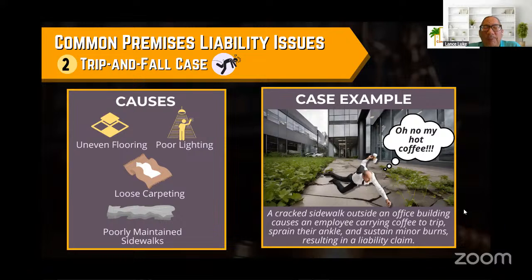Now, double jeopardy because the person tripped and sprained their ankle, and then they also got burned from the hot coffee. Okay, so it's like, what injury is more severe, the sprained ankle or the hot coffee burn?